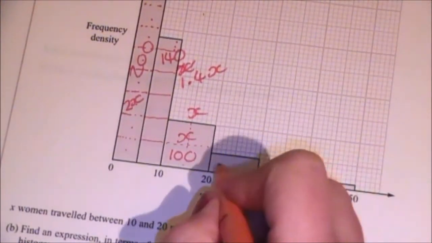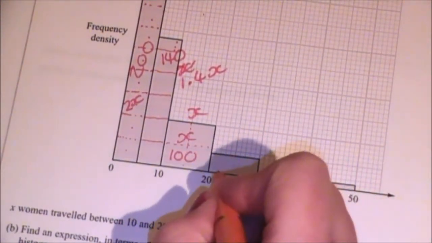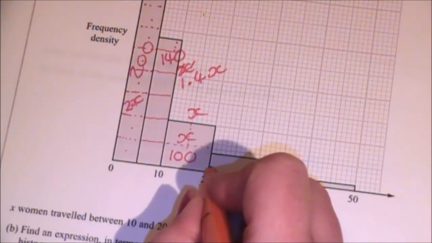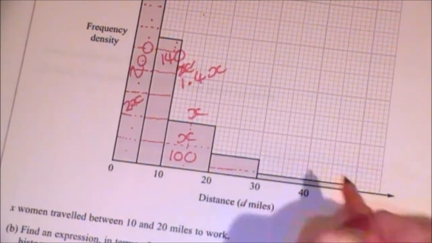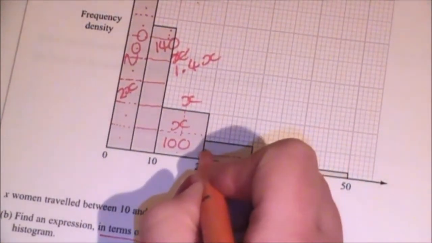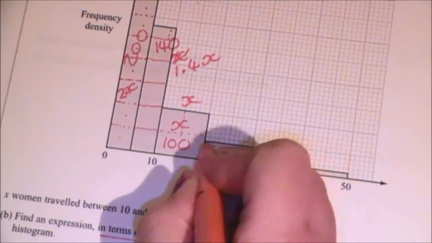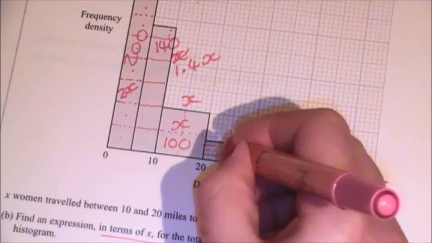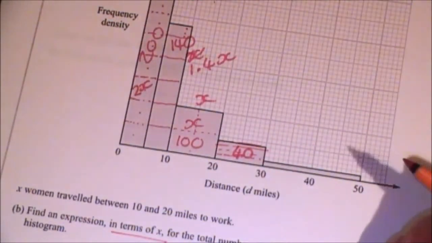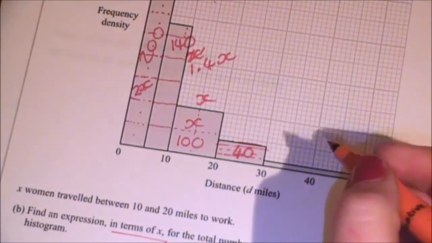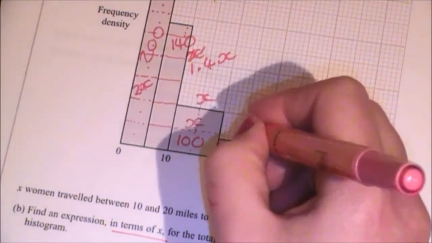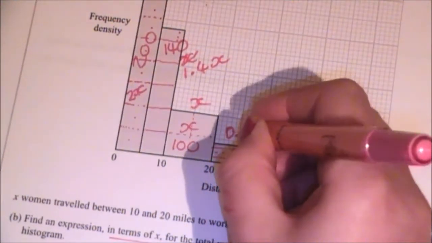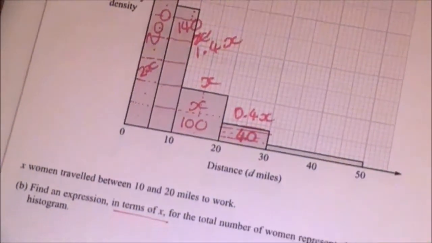Let's have a look here. There's not a full 25 here, but I'll do it in rows of 10. So there's 10 there, 20, 30, 40. So in that part there are 40 little squares. So compared to our original point of 100 means that is 0.4x.